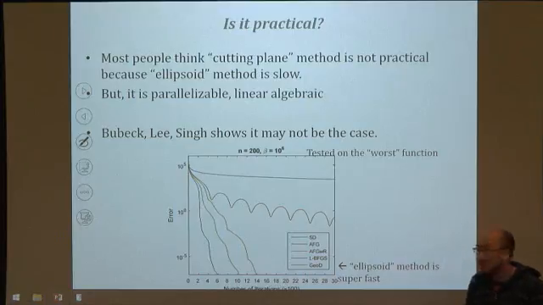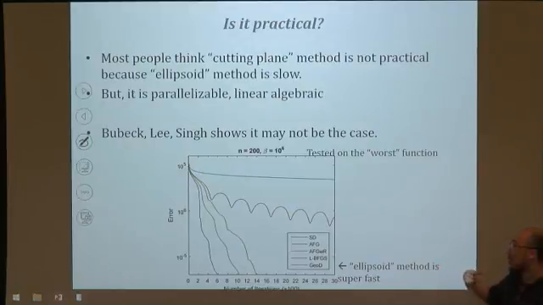And it turns out it is very efficient. We tested on the worst-case function proposed by Nesterov, and the green one is the ball method or ellipsoid method, and the red one is Nesterov, the popular one, and this one is the algorithm people really use in practice. They store many iterations instead of just the previous iteration.